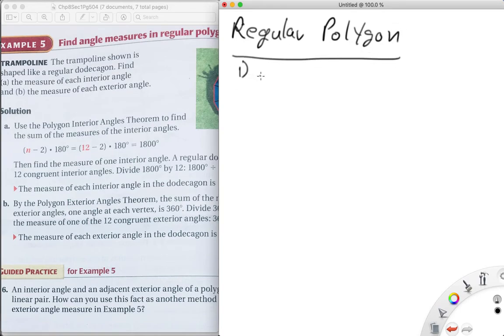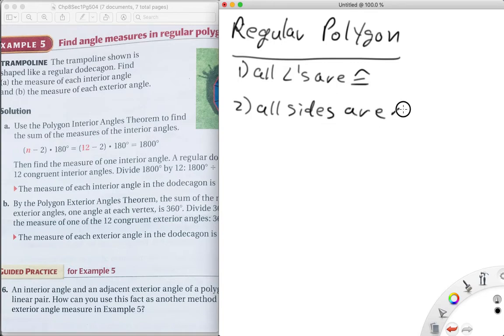Condition number one, all the angles are congruent. Condition number two, all the sides are congruent.